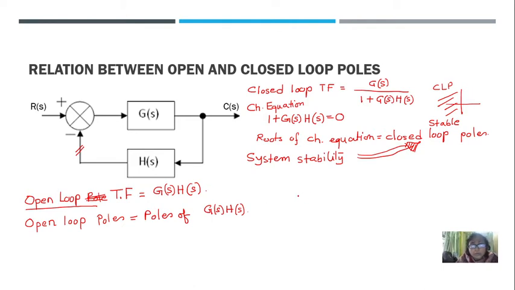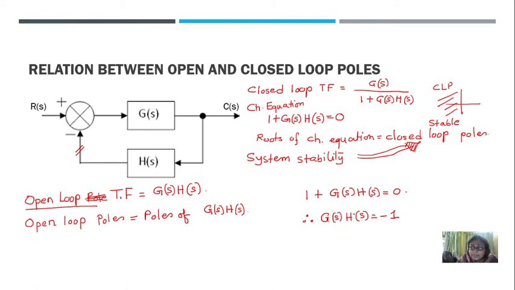From the characteristic equation, 1 plus G(S)H(S) equal to 0, that means I can write that G(S) into H(S) is equal to minus 1. Now what is G(S)H(S)? It is nothing but the open loop transfer function.